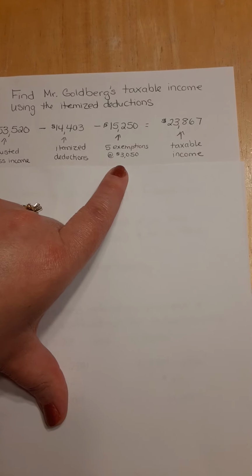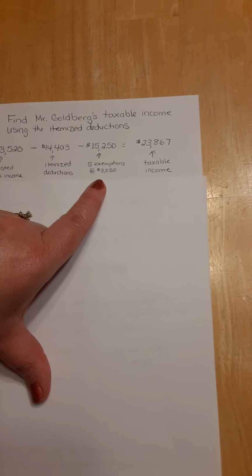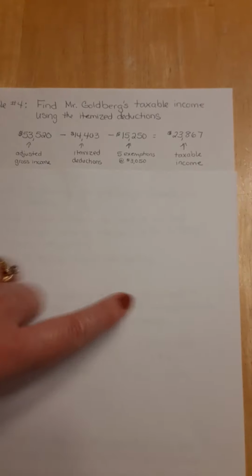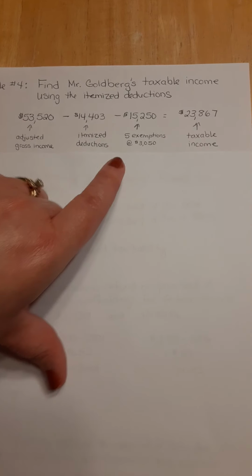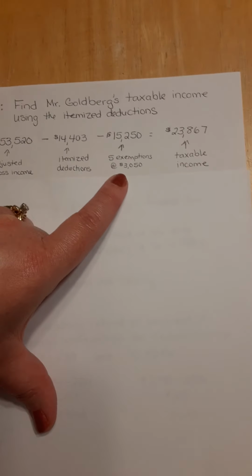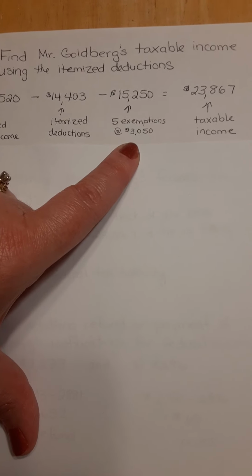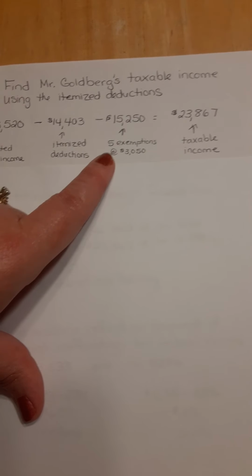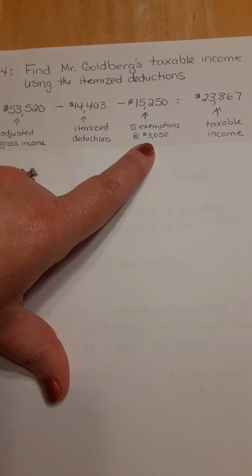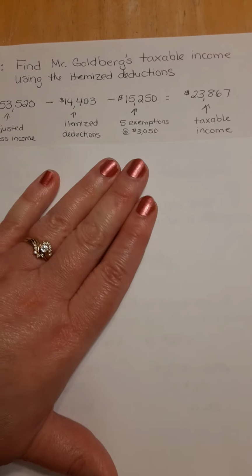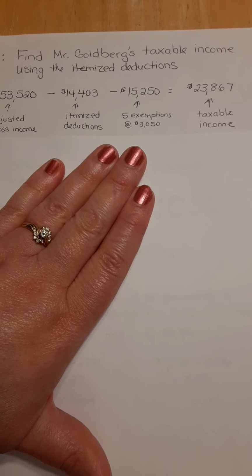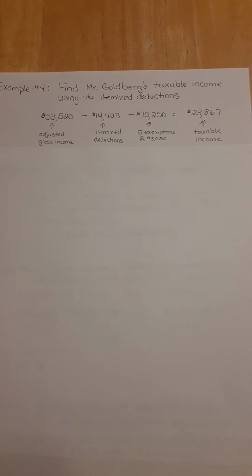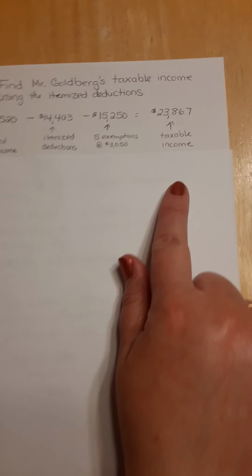And then he has his exemptions. Remember, you can claim the exemption of you, yourself, your wife, and any children that you might have. And each of them, our book says, is going to have a total of $3,050. So this is where this $15,250 came by multiplying 5 times that $3,050. So these are all his exemptions and deductions that he can claim. Those are going to get subtracted from his adjusted gross income to give us his total taxable income here.